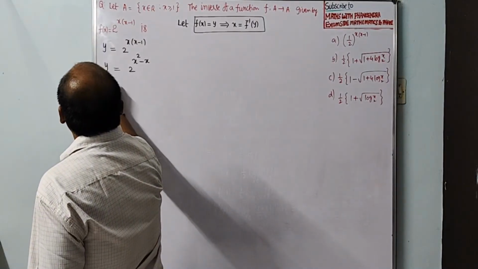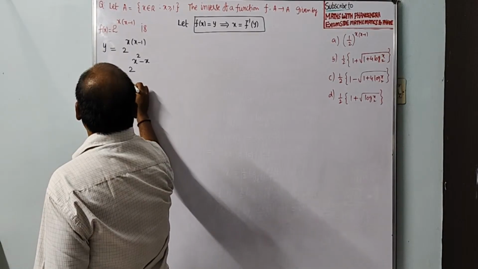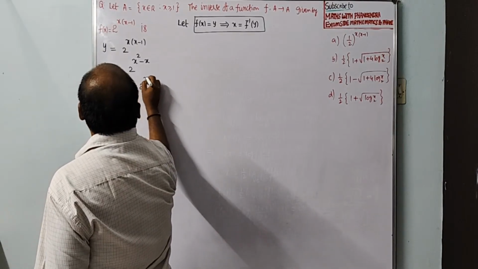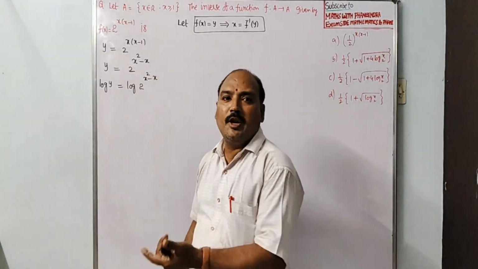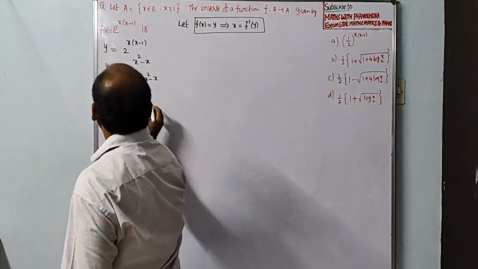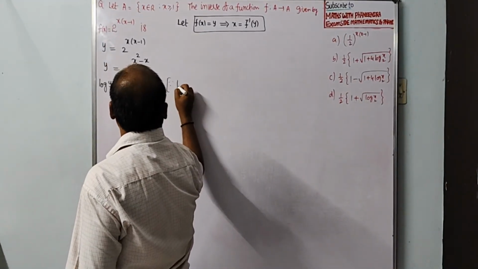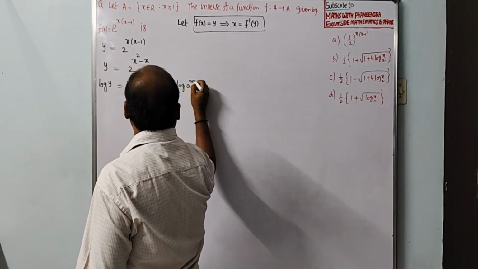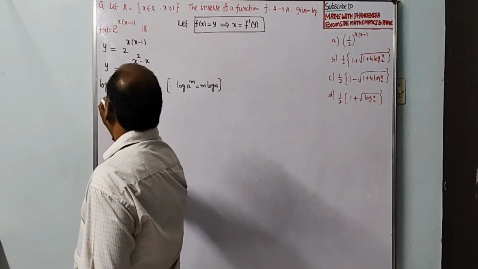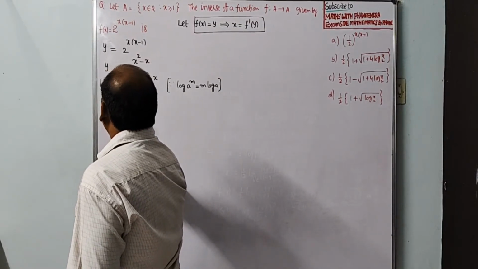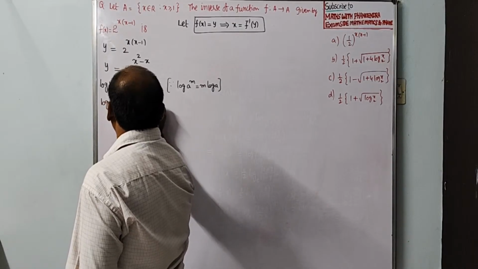So taking log on both sides, log y is equal to log 2 power x square minus x. If you want to take base e, you can take it, otherwise leave it, not compulsory. So log a power m equal to m log a, as we wrote in the previous question also. So log y equal to x square minus x into log 2.